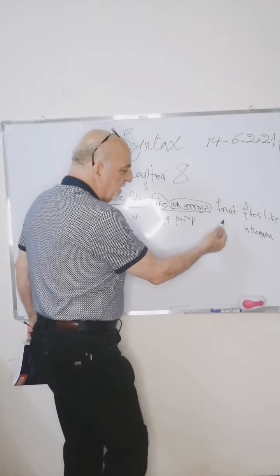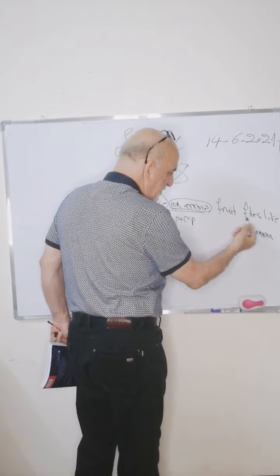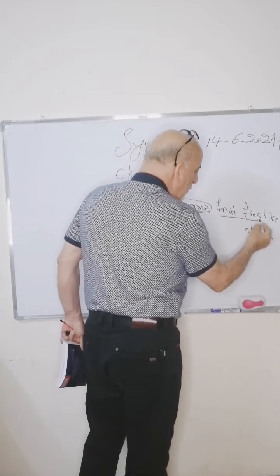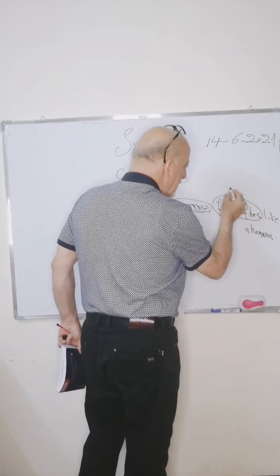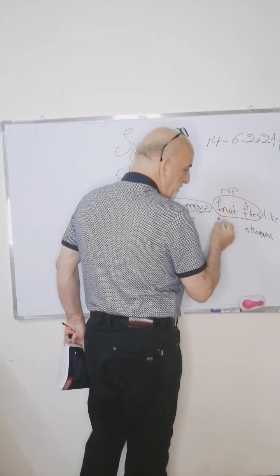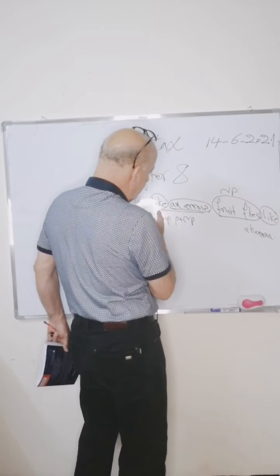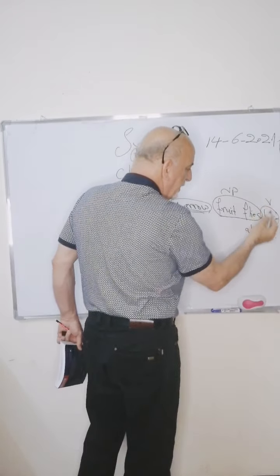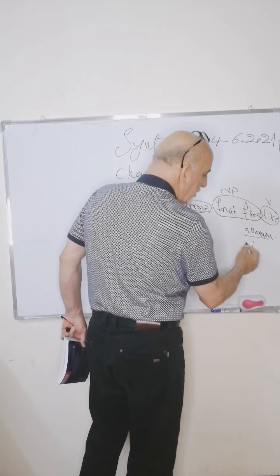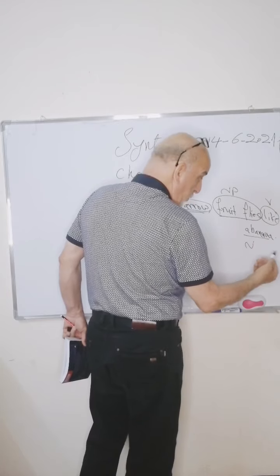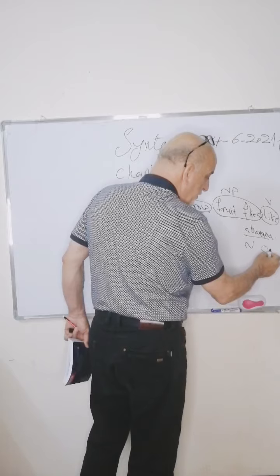Now, when we move to the second sentence, fruit flies, all this is an NP. And like here is not a preposition, but a verb. And this is a noun which acts as an object.